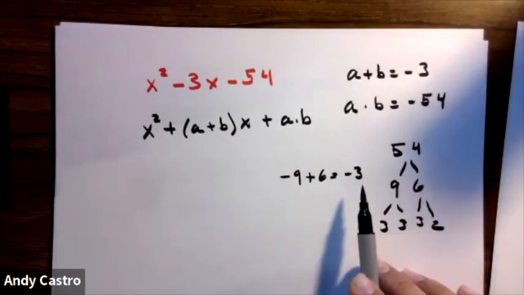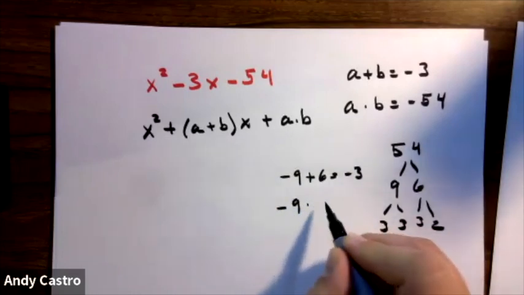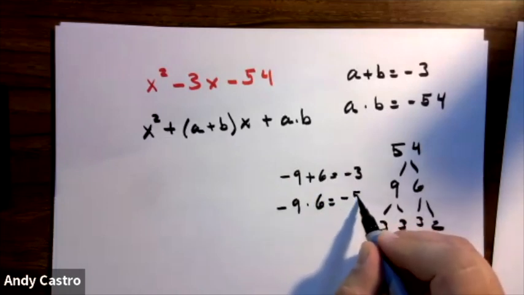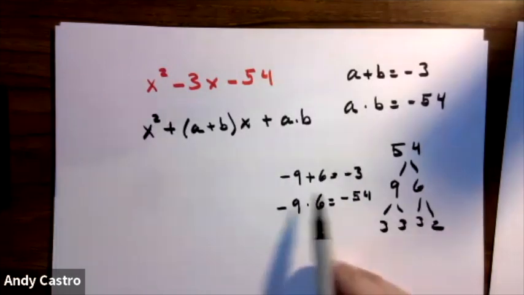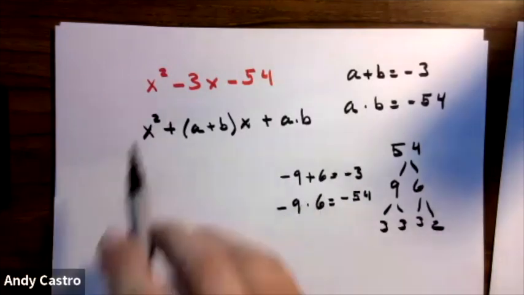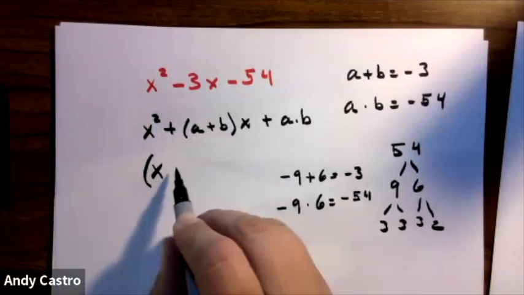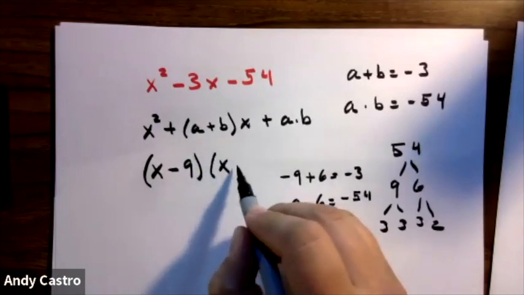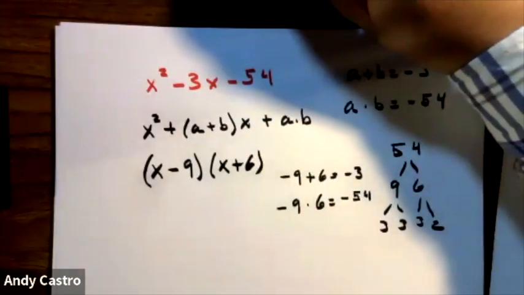And I want just a negative 3. Then negative 9 times positive 6 gives me negative 54. All right, so my numbers are negative 9 and positive 6. So when I factor this, I'm going to have x minus 9 times x plus 6. And that is factored.